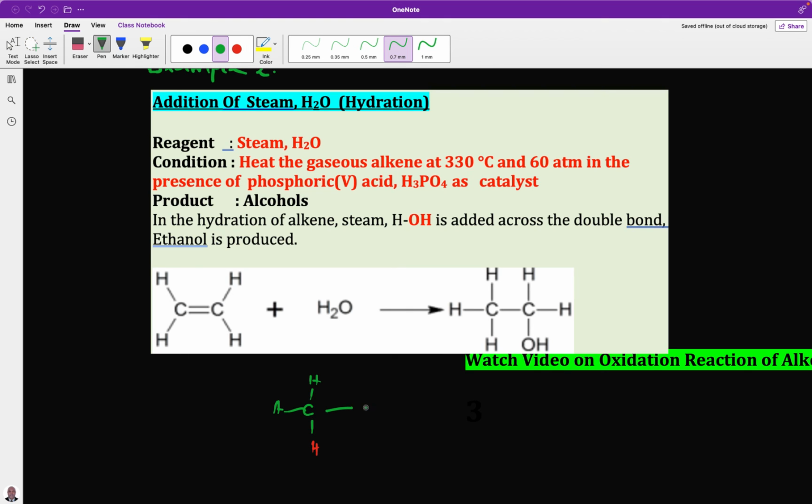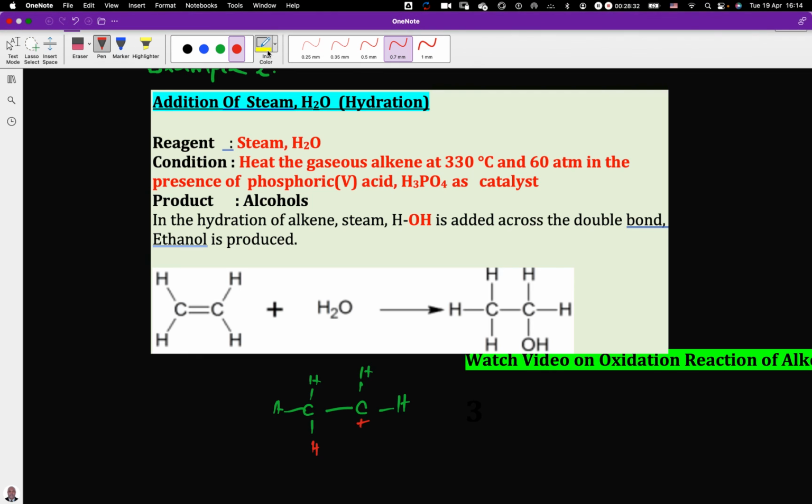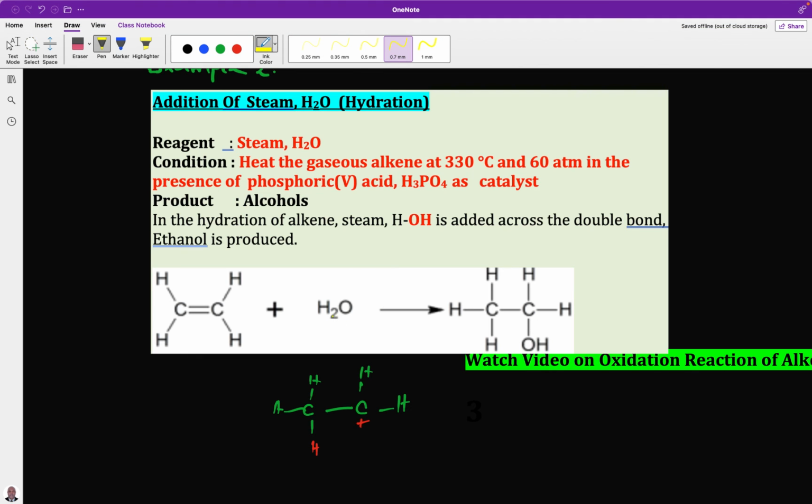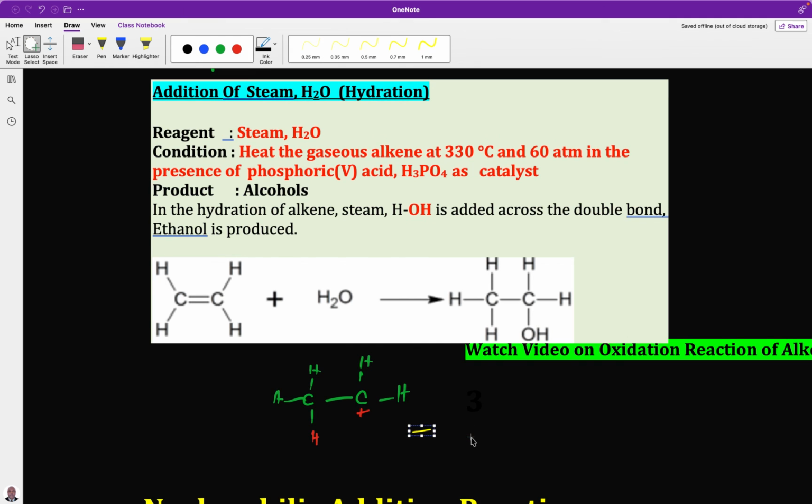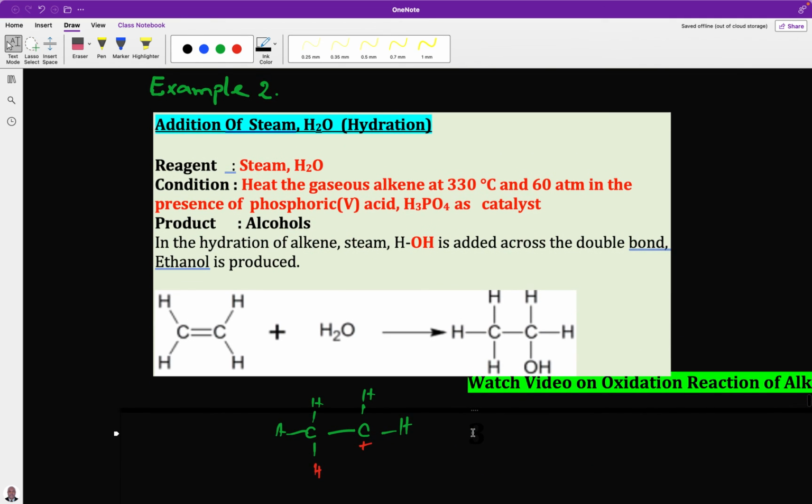And what happens? An intermediate is formed here. This intermediate, the OH that left here, where is the OH? As a result of the splitting of this bond, the OH will do what? This will be the OH.